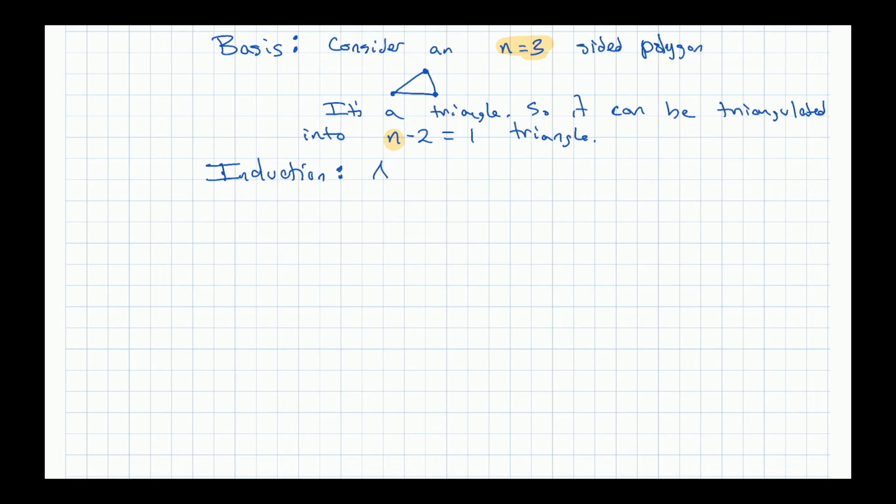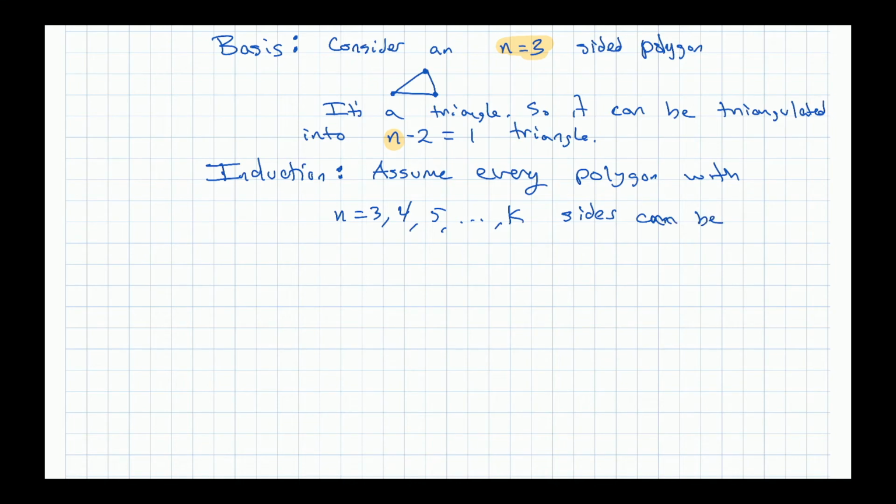So we have to assume every polygon with n equals 3, 4, 5, up to k sides can be triangulated into n minus 2 triangles. That's the induction hypothesis.